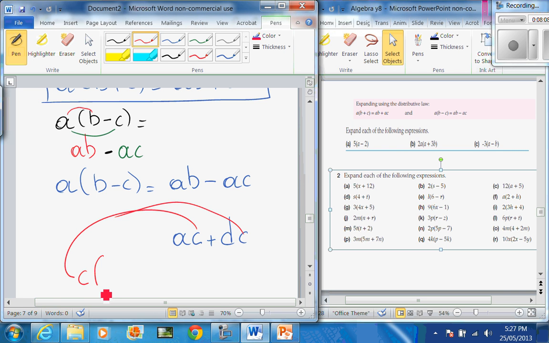I put brackets. And what do you think I can put inside? Yes. A and D. So when I multiply this, that will become AC. And when I multiply this with this, it will be DC. Of course, it's written wrong, because in algebra we say AC, CD.